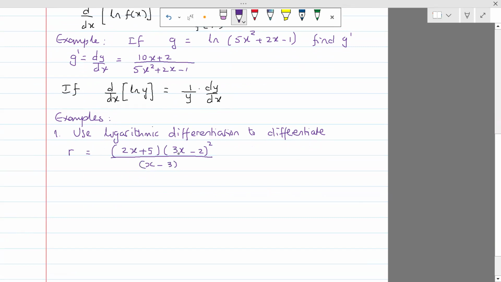As you can see, we can use the product rule as well, followed by the quotient rule. But here I want to use logarithms.